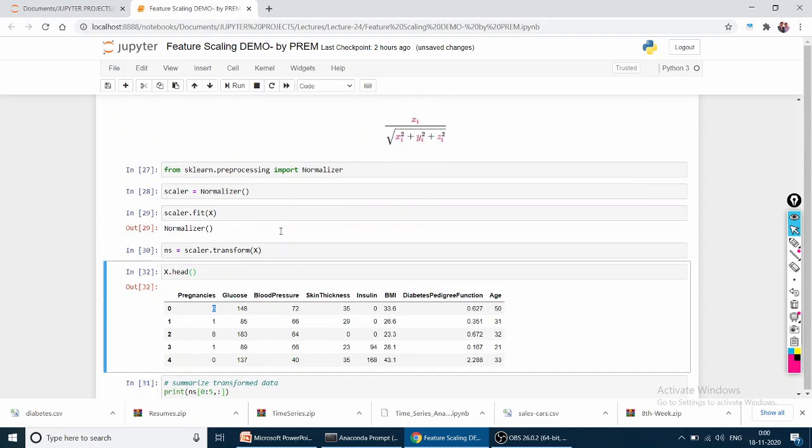Here we substitute into this formula. In this formula, the xi value is 6.